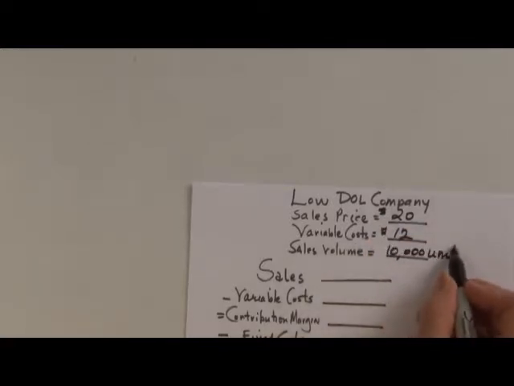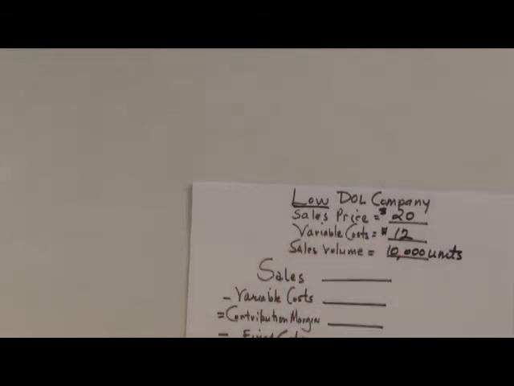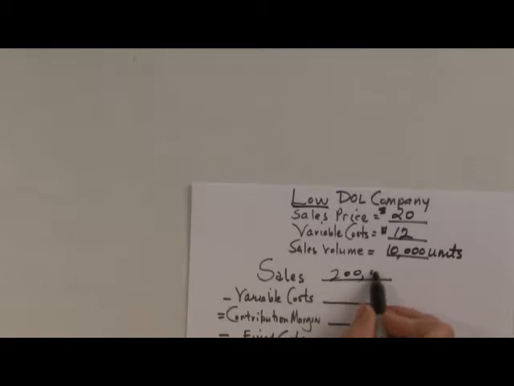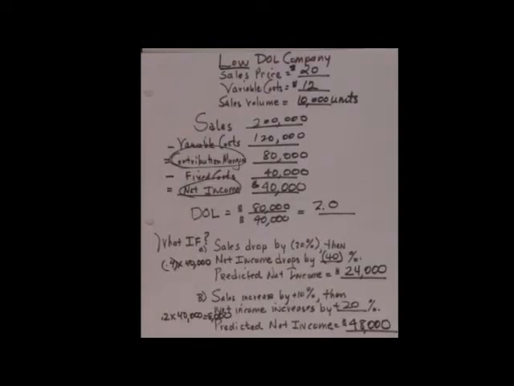Now keep in mind, this is the low DOL. We have, let's say, sales of $200,000, variable cost of $120,000, contribution margin of $80,000. This company has $40,000 of fixed cost and net income of $40,000.